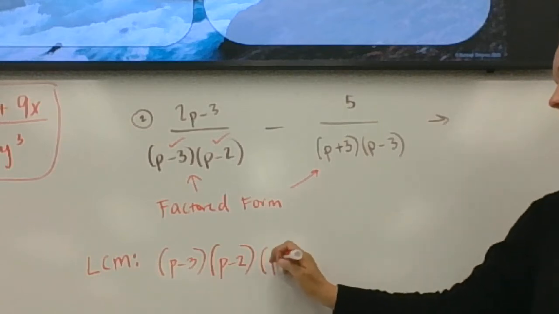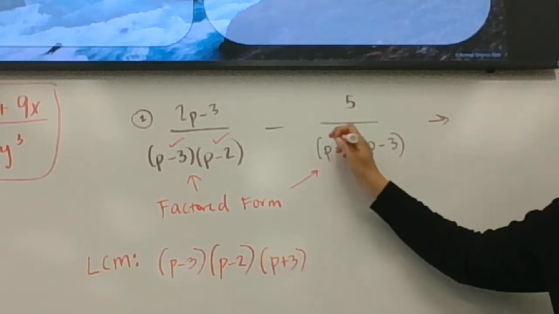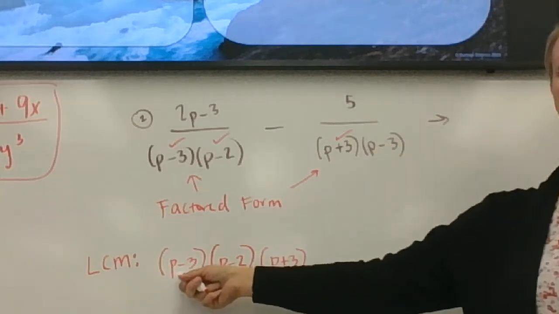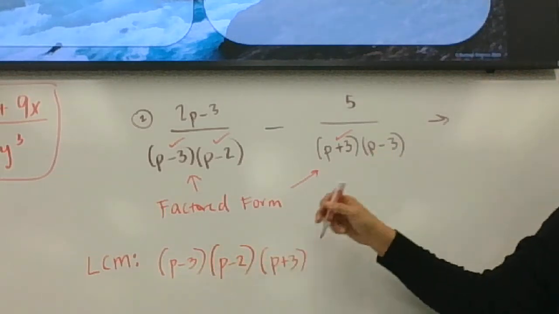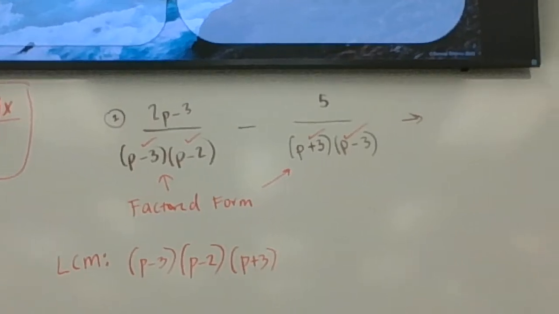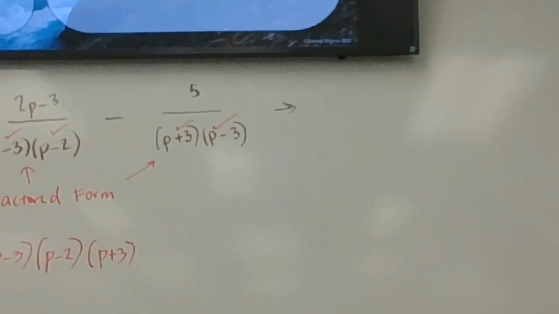P plus 3, little check mark. P minus 3, already there. I'm not going to write it again. It's in there. Okay. This will be my common denominator. Pretty large common denominator. So I'm going to write them out twice.